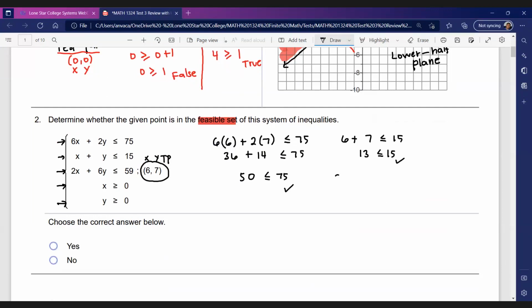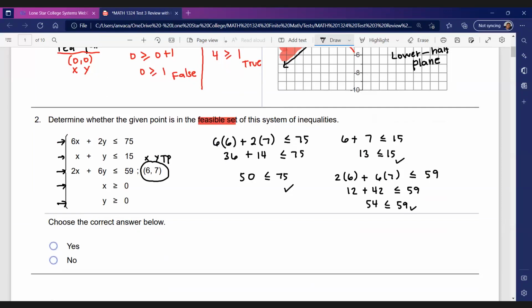Third inequality, 2 times 6 plus 6 times 7. Is it less than or equal to 59? Here we have 12 plus 42. Is it less than 59? And here we have 54, which is less than 59.